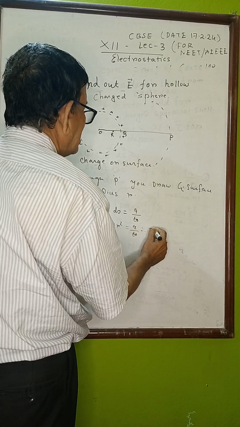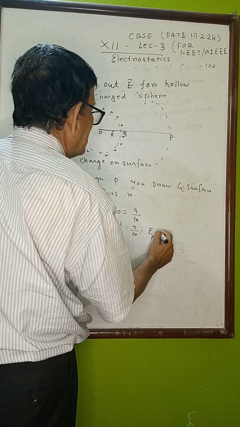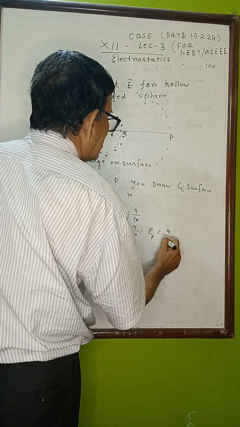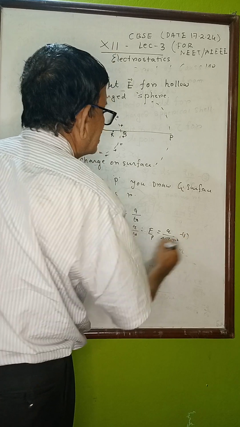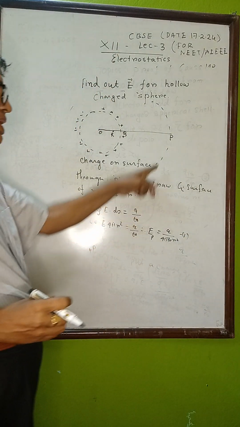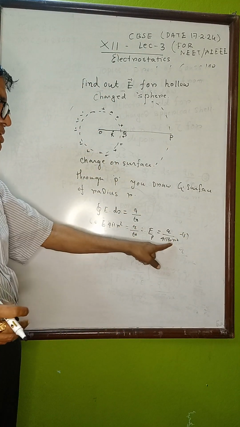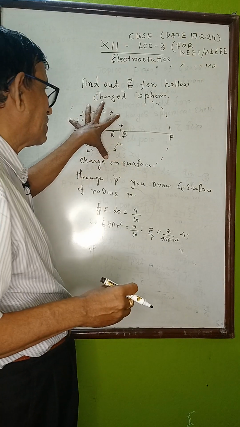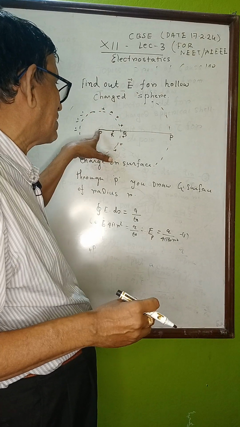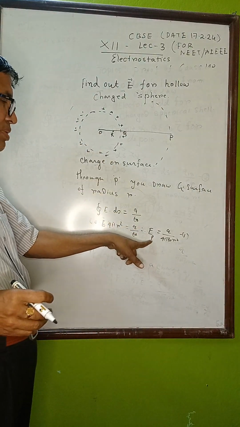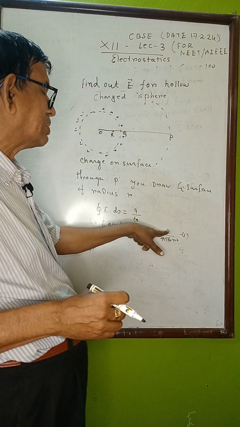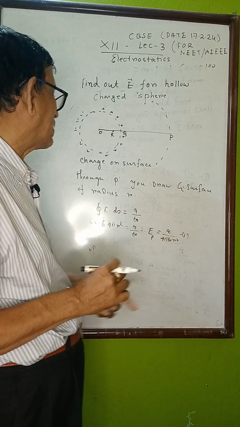So E at the point P will be Q by 4 pi epsilon naught r square. That is the electric field at the point P. In that case, it is clear that it is as if the whole sphere's charge is concentrated at the center of the sphere. So the formula will be E_P equals Q by 4 pi epsilon r square.